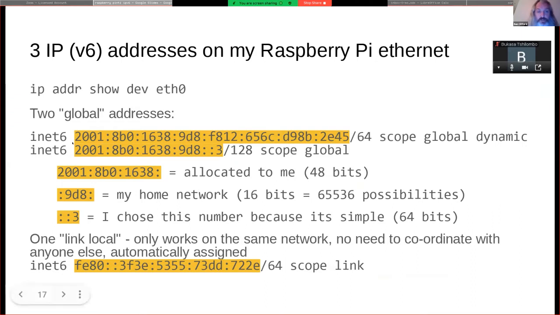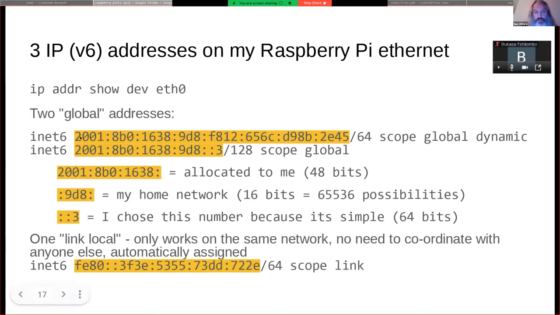So this first bit of the prefix, 2001:8b0:1638, is allocated to me personally. The 98 is a number that I chose out of 65,000 possibilities for my particular home network. And then I chose number 3 because it's the third Pi in my house. So you put those together, you get this second IP address.